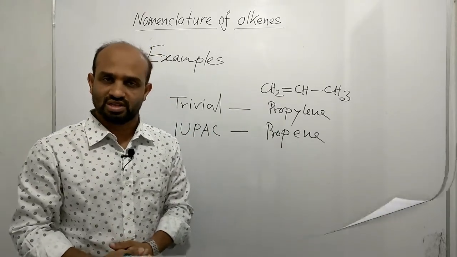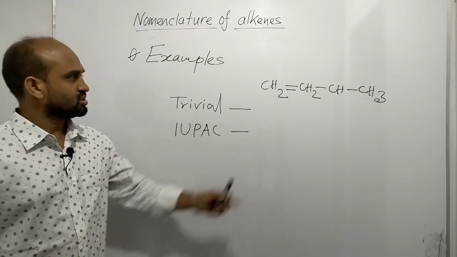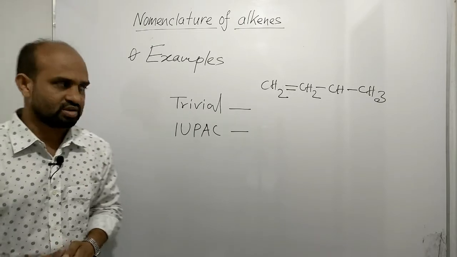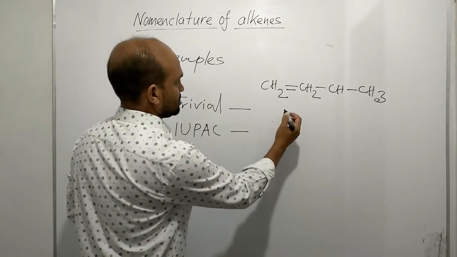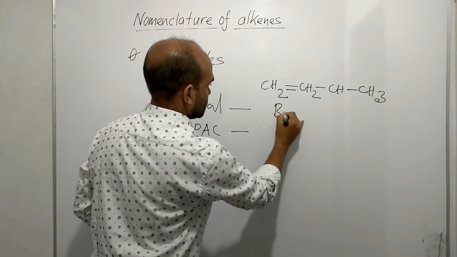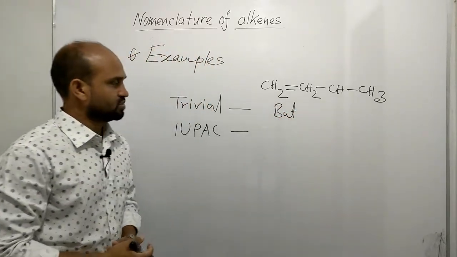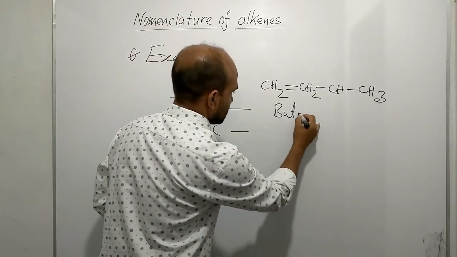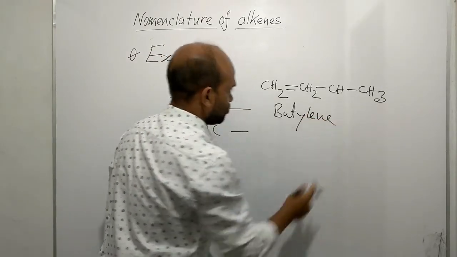Let's see another example. Now the compound is this. According to trivial system, what is its name? First of all, word root is 1, 2, 3, 4. So but, and suffix is here ylene, so butylene.